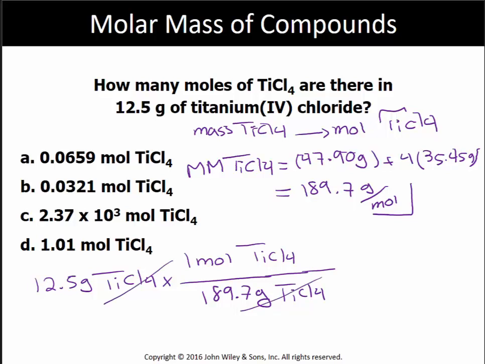So grams and grams cancel out. That gives you the number of moles of titanium 4 chloride, which is 0.0659 moles of titanium 4 chloride.